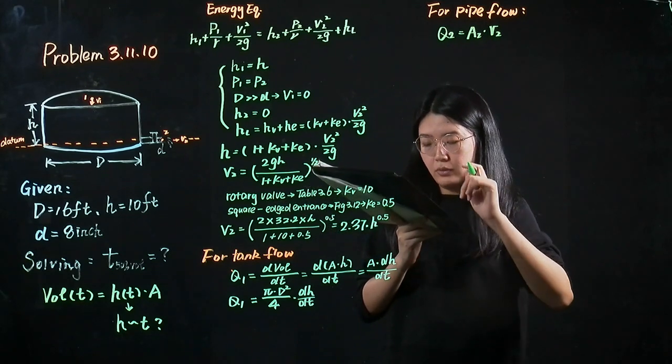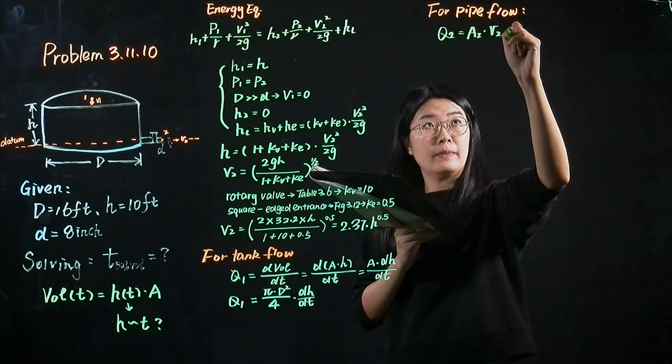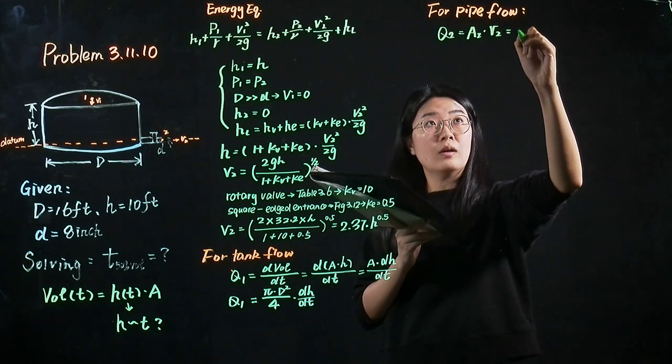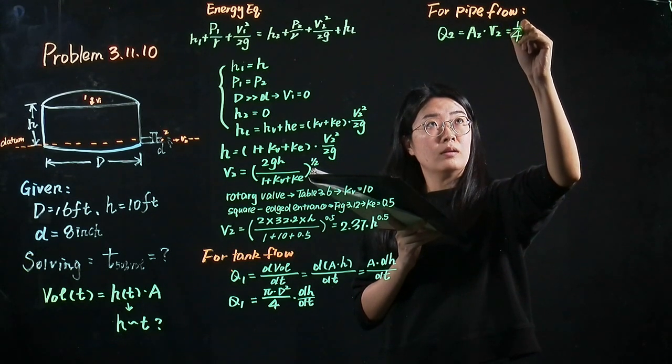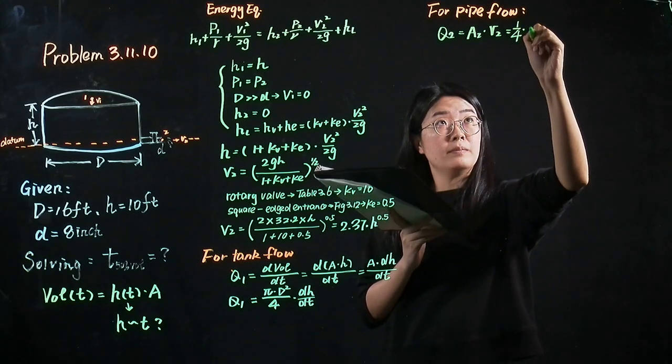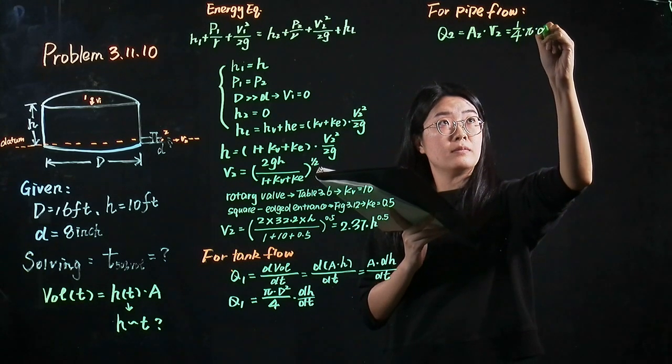It is equal to 1/4 times pi times d squared.